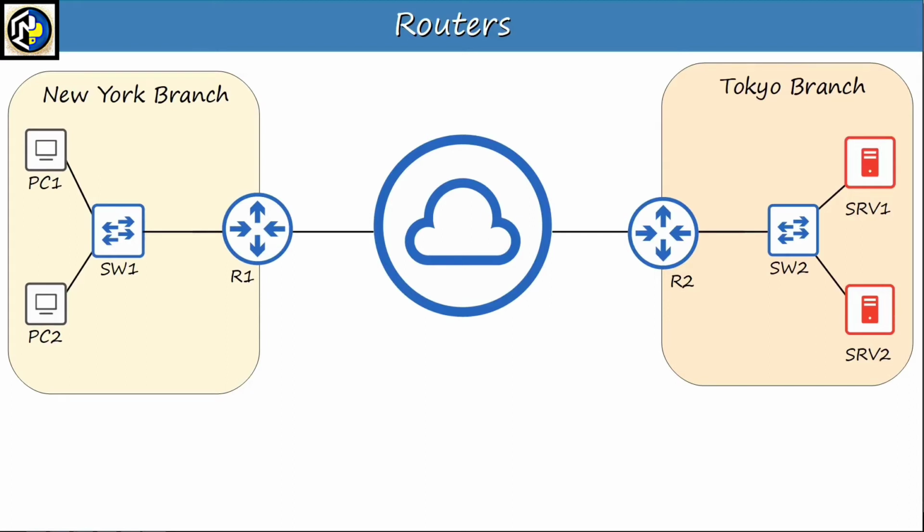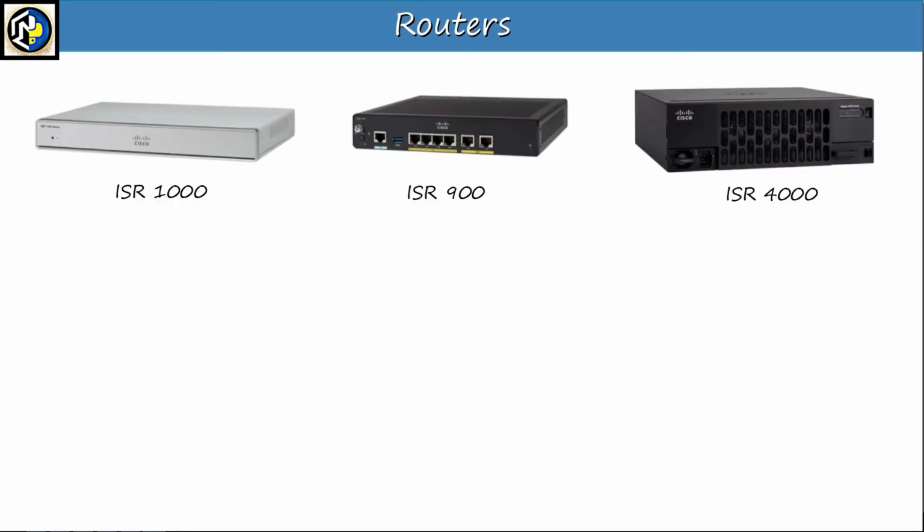For example, if PC1 in the New York branch wants a file on server 1 in the Tokyo branch, it will send the request to R1 via switch 1, which will then forward it over the internet to R2, which will then send it to server 1 via switch 2. The reply will then follow the reverse path back to PC1.